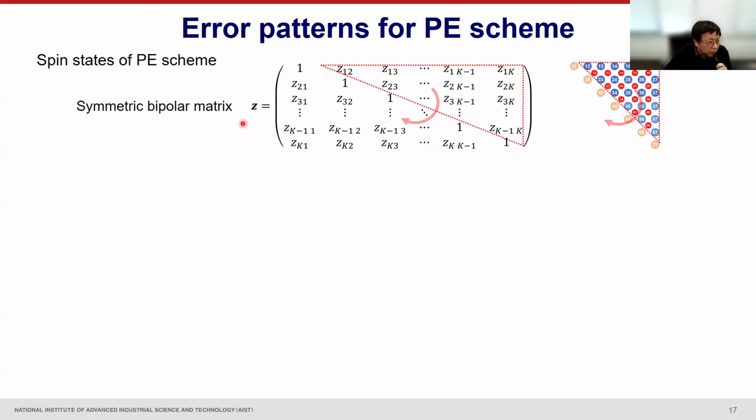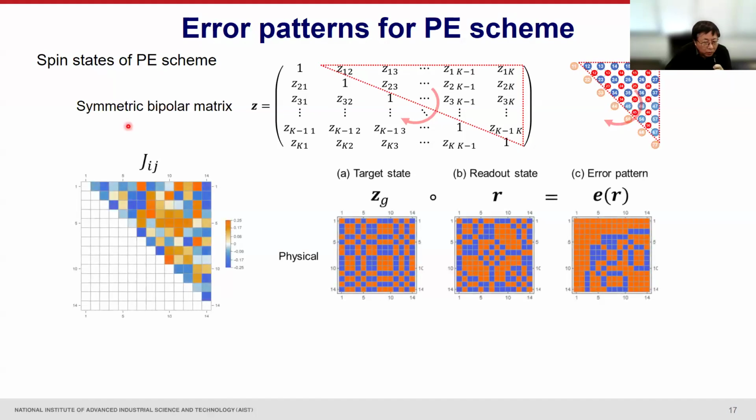So this matrix is a symmetric one. For example, the target physical state, that is a ground state of Ising spin Hamiltonian characterized with this coupling matrix, is plotted here.